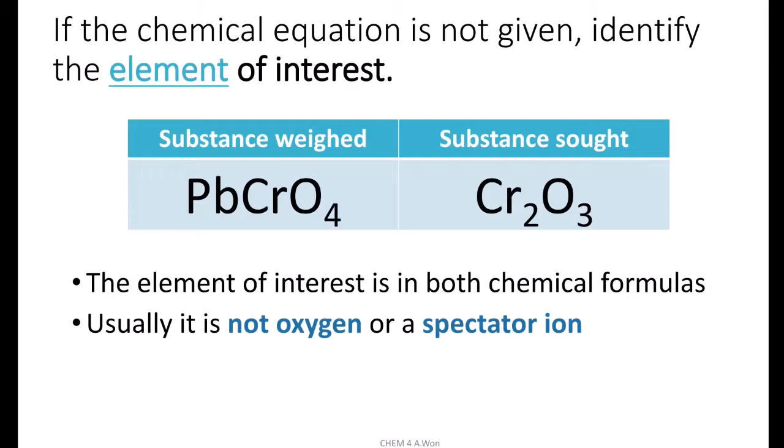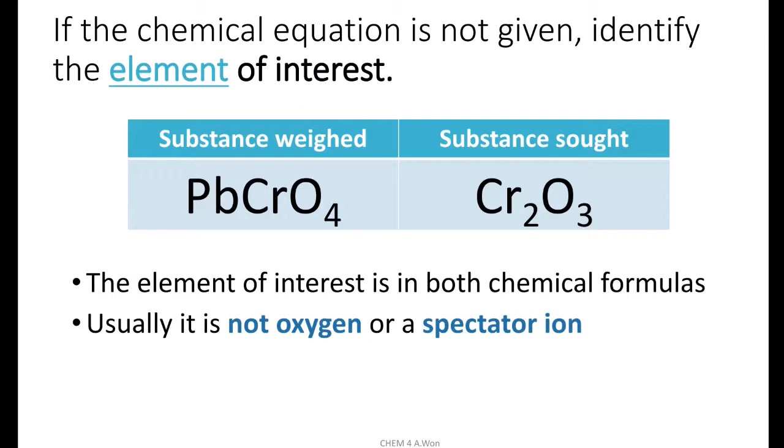You simply just need to identify the element of interest. For example, the substance weighed is lead 2 chromate or PbCrO4. The substance sought is chromium 3 oxide or Cr2O3. The element of interest is of course found in both chemical formulas.